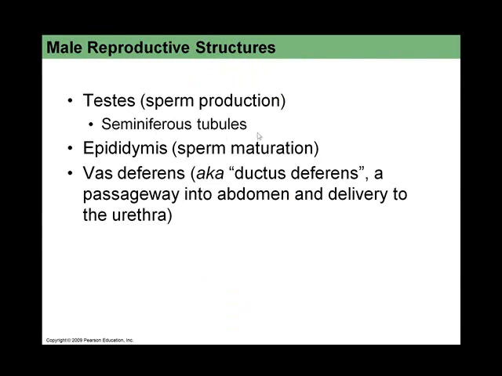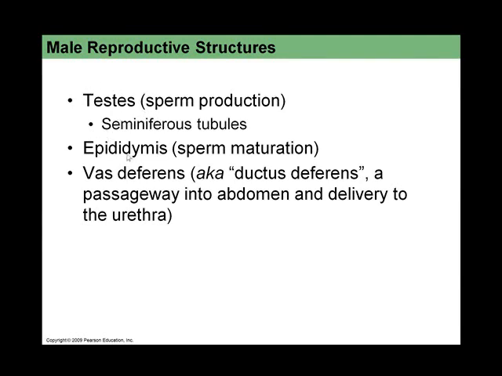The male reproductive structures, then, of course, the testes for sperm production are the context here. The seminiferous tubules contained inside the testes will be important. Those open through a connection into the epididymis, where the sperm will undergo maturation. So we're seeing functional anatomical subcompartmentalization of the male reproductive duct system, or tubular system. Sperm production in the seminiferous tubules within the testes.